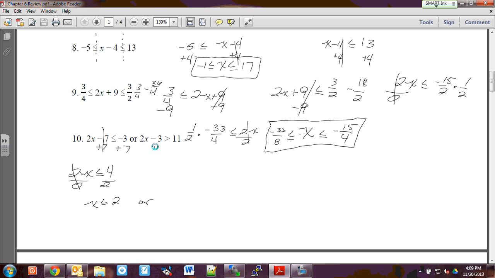Or plus 3, plus 3. 2x is greater than 11 plus 3, which is 14. Divide by 2. x is greater than 7. So x is less than or equal to 2 or greater than 7.